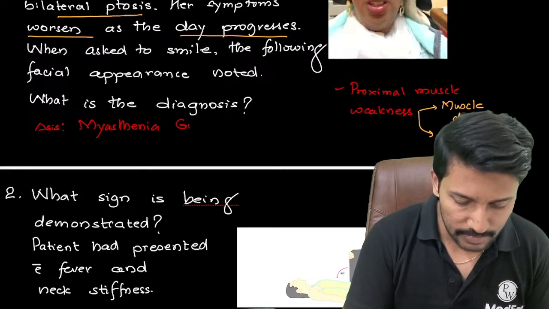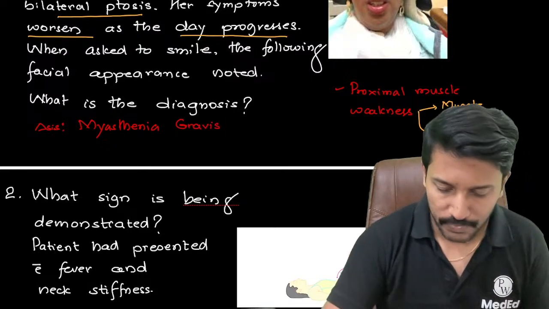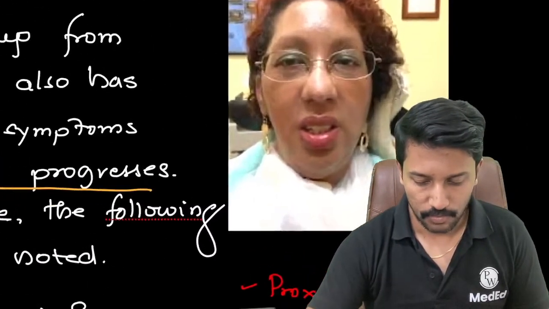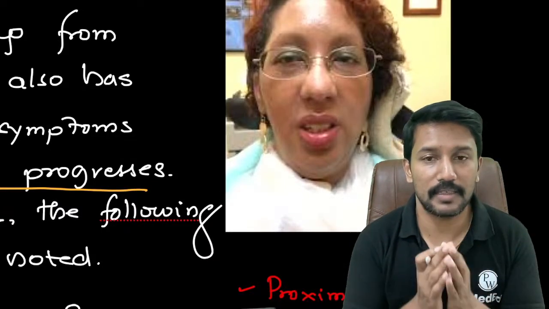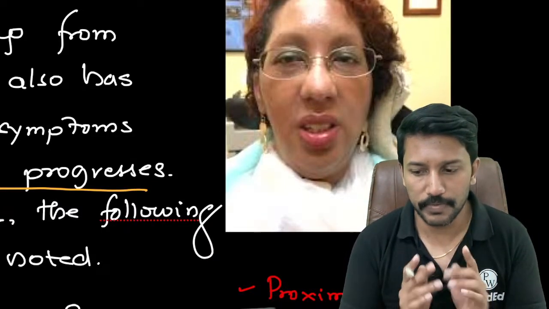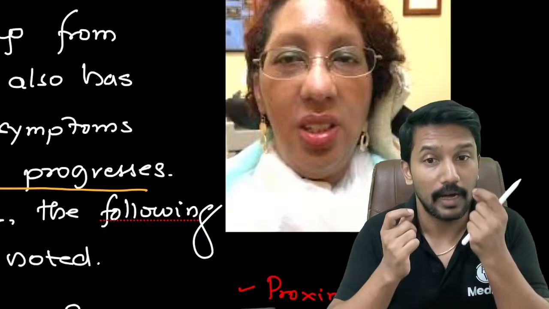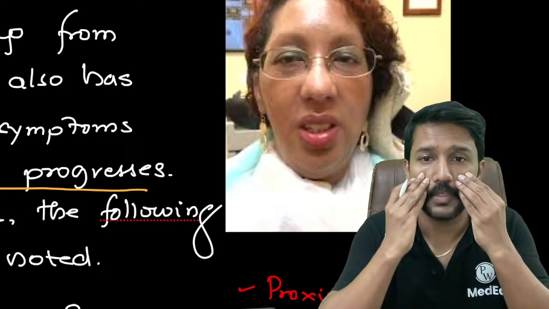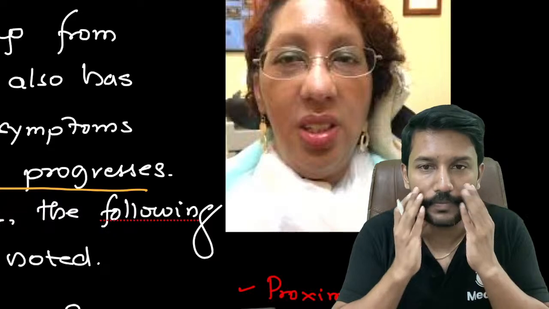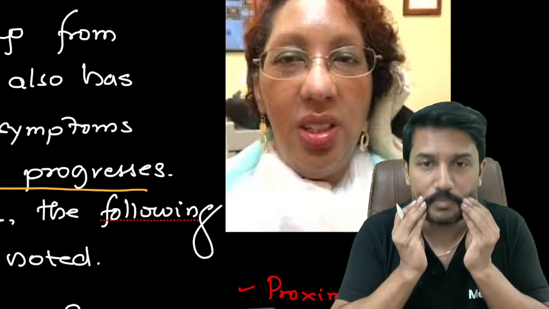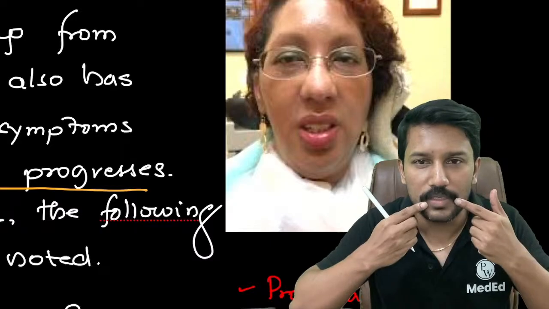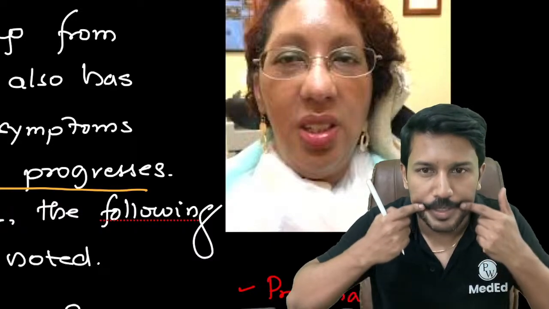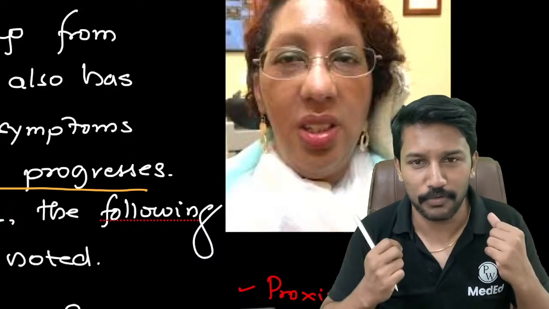Now, having recognized the disease, let us look into the observation in this image. Whenever we ask a patient with myasthenia gravis to smile, the patients with myasthenia gravis have ptosis. Apart from ptosis, they have weakness of the facial muscles. So there will be a drooping of the facial muscles. When someone gives you a smile, the first thing you will notice is that the lateral part of their mouth moves upward, a wide and beautiful smile.